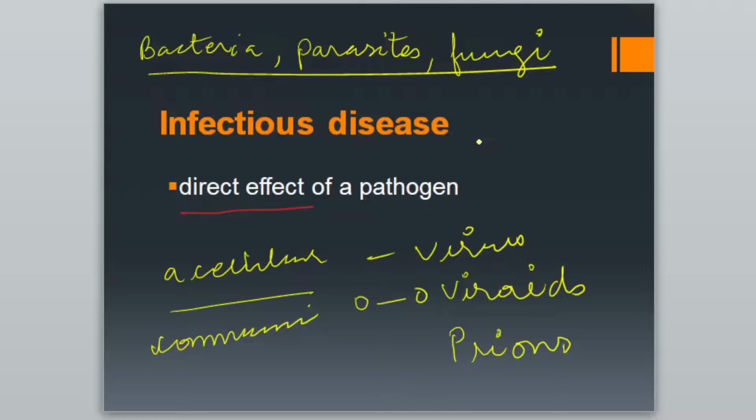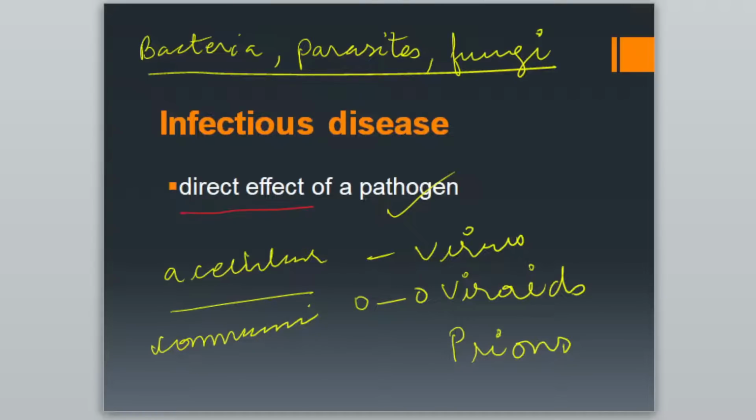So infectious disease is disease which is caused by the direct effect of the pathogen. And these pathogens could be cellular entities like bacteria, parasites or fungi, or acellular entities like virus, viroids and prions. Now, they could be communicable, means they would be capable of transferring the disease from one person to another.